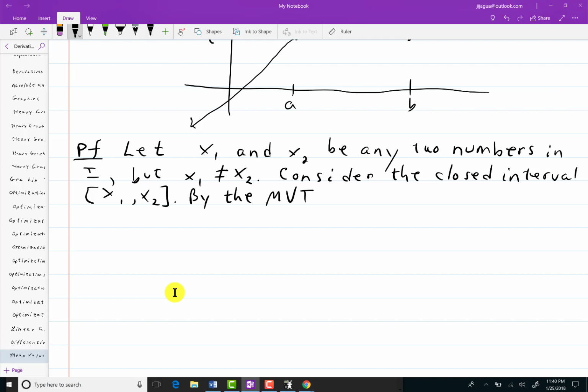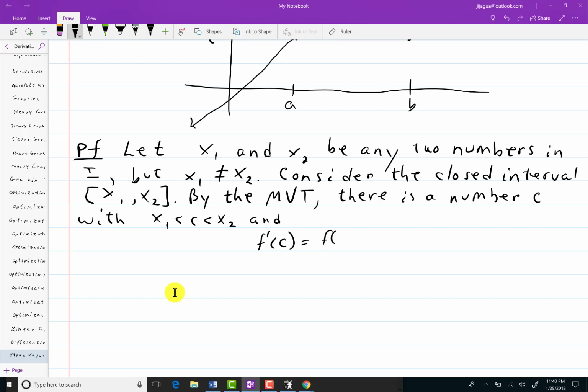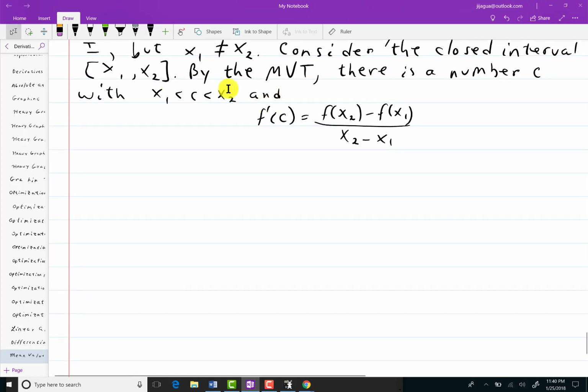By the mean value theorem, there is a number c with x1 less than c less than x2, and f prime of c equals f of x2 minus f of x1 all over x2 minus x1. However, since c is in the interval, it's between these numbers, so it's definitely in the interval, f prime of c is equal to 0.